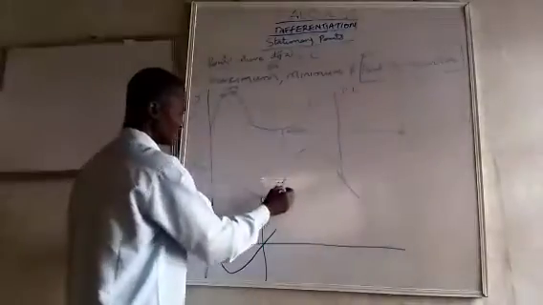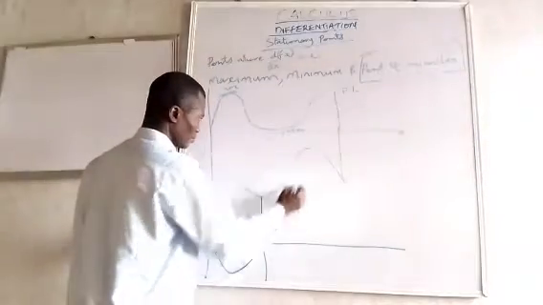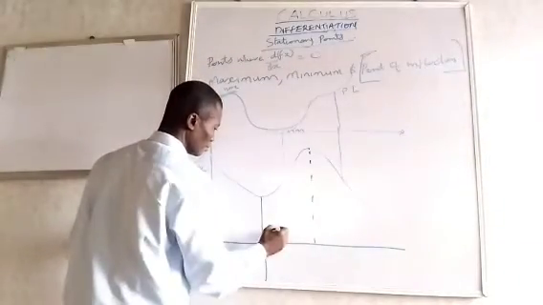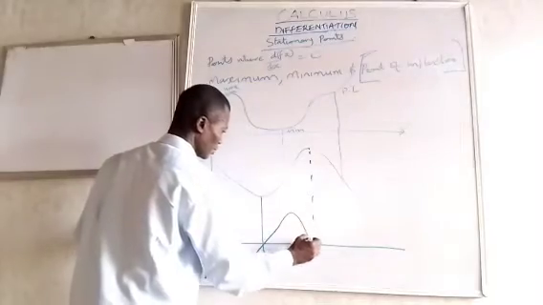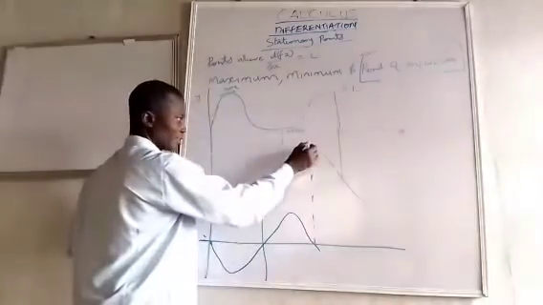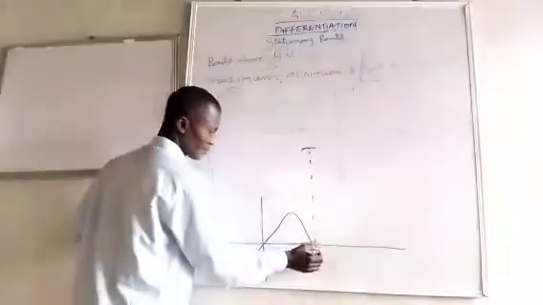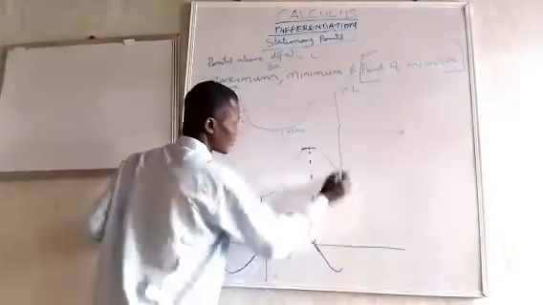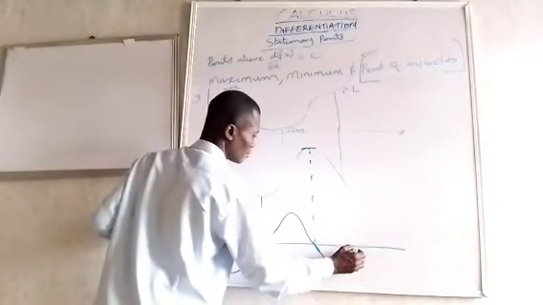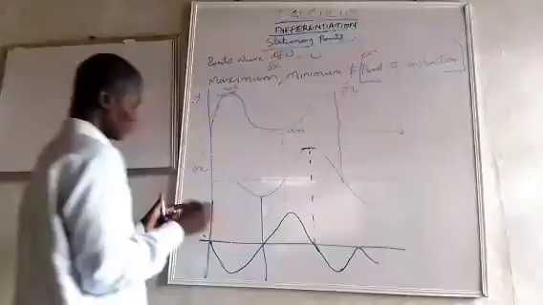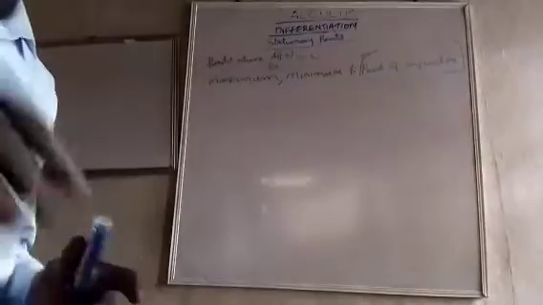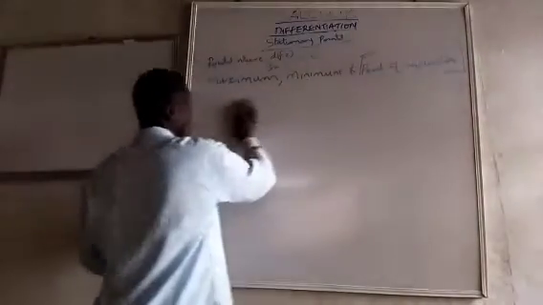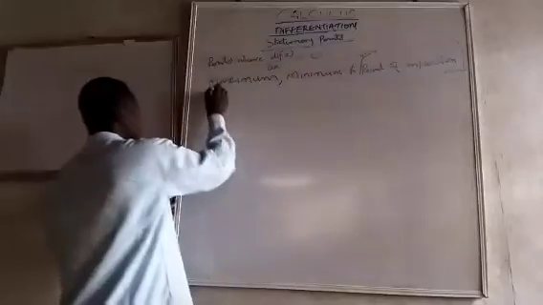And it is increasing now. It's positive now. See, this is the turning point for dy/dx again. It comes down. And for this one, now let me illustrate this with a diagram.